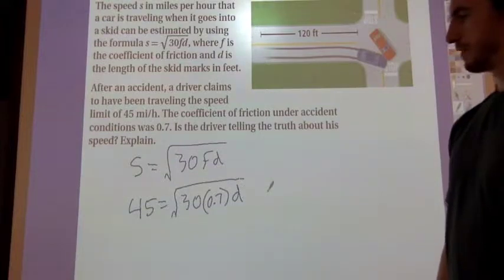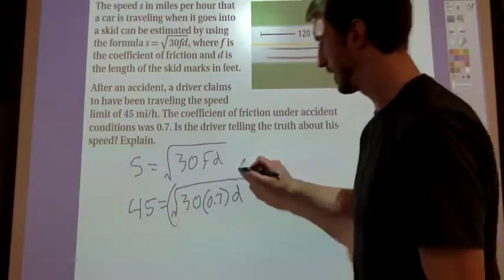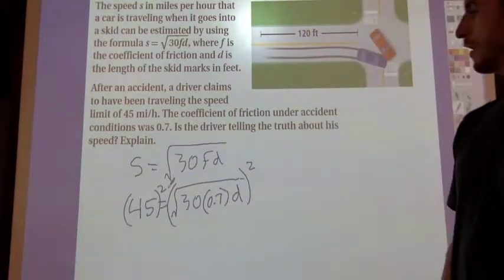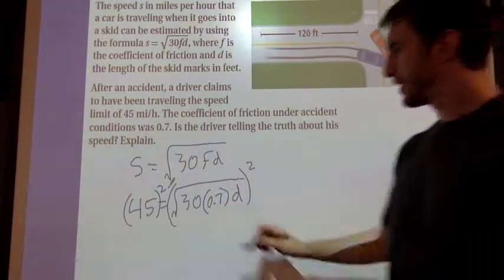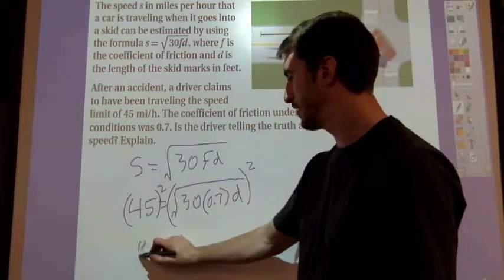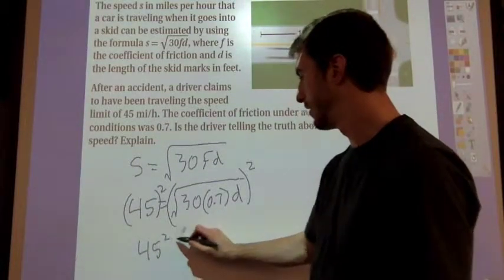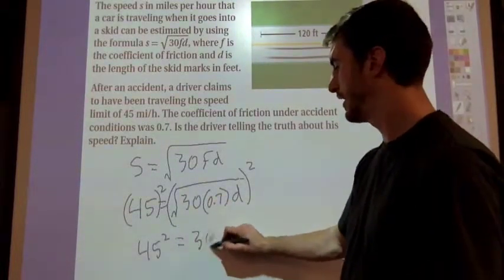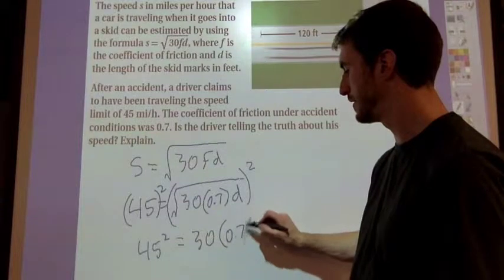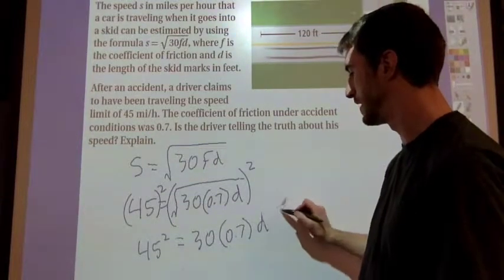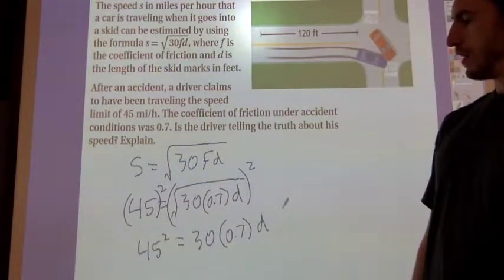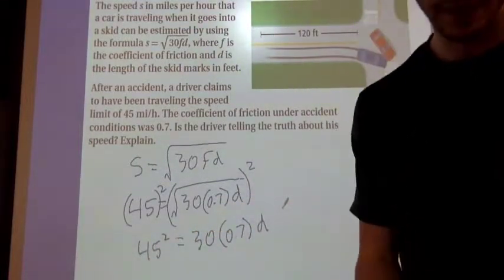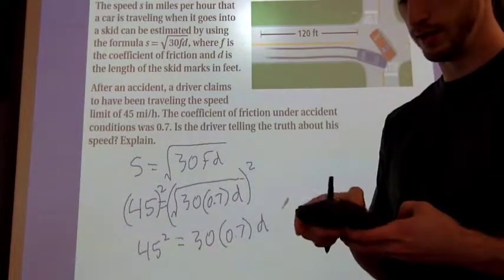Okay, so let's go ahead and solve this. What we're going to do is square both sides to get rid of this radical. If you want, you can try this one by yourself. And we've got 45 squared is equal to 30 times 0.7 times D. Okay, so I'm going to go ahead and do this math, and then we'll figure out what we've got.